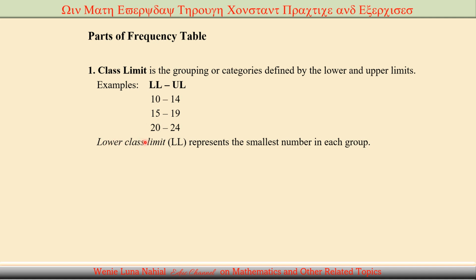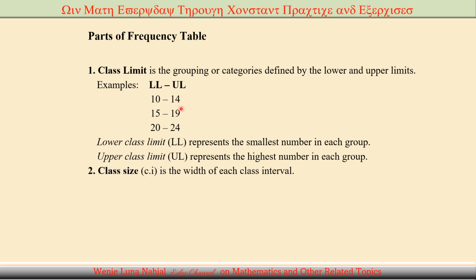Now, the lower class limit represents the smallest number in each group. So for 10 to 14, the lower class limit is 10. Then the upper class limit represents the highest number in each group. So for 10 to 14, the upper class limit is 14.